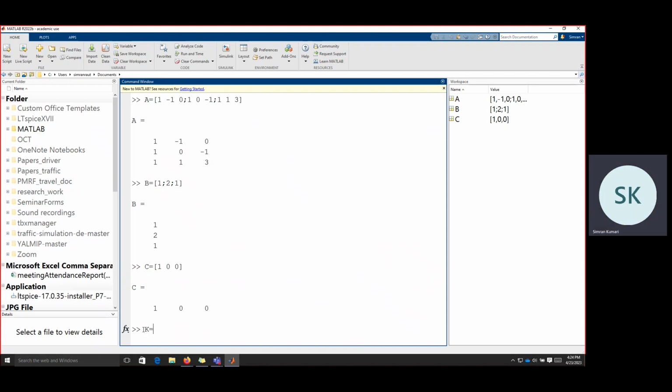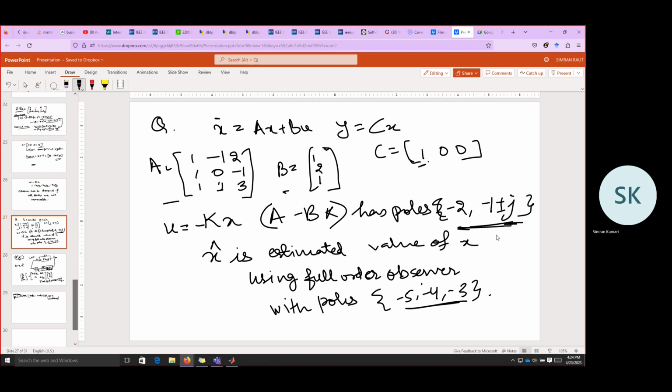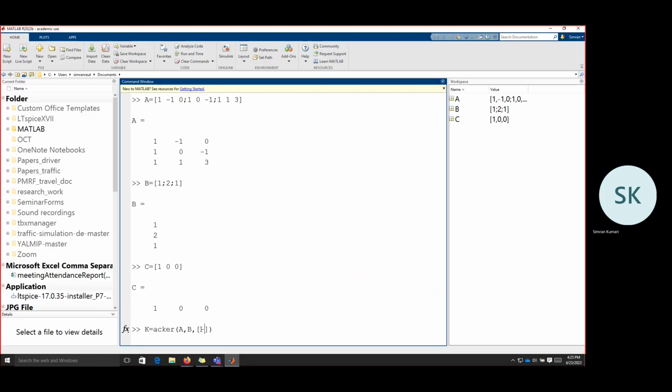So we have to find the state feedback gain. So that will be A comma B comma the pole locations: minus 2, minus 1 plus j, minus 1 minus j.